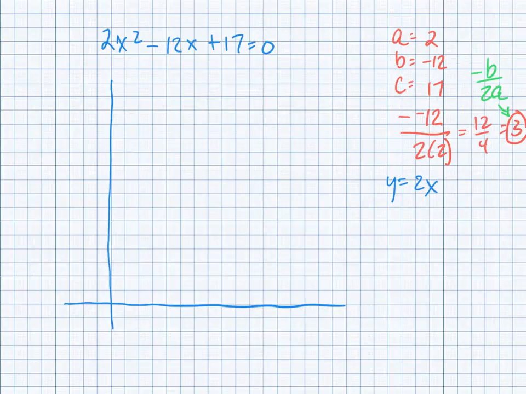So we went ahead and found A is equal to 2, B is equal to -12, C is equal to 17. Then we found -b over 2a, which is -12 over 2 times 2, which is 12 over 4, which is 3.